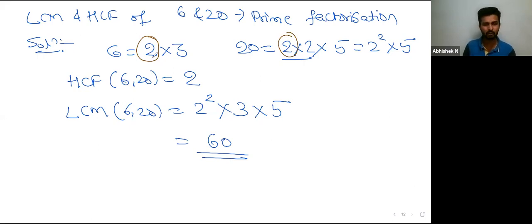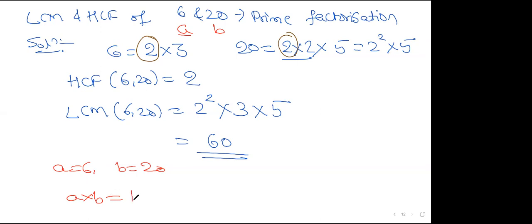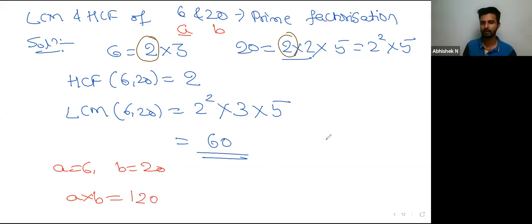And what you need to observe here is, just look here. These are the two numbers, A and B. Say A is equal to 6 and B is equal to 20. So just multiply these numbers. A multiplied by B, how much? Yes, it is 120.